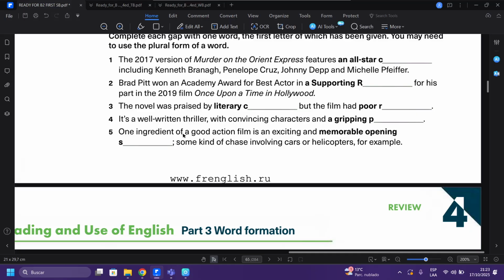Number two. Brad Pitt won an Academy Award for Best Actor in a Supporting, and we have R, for his part in the 2019 film Once Upon a Time in Hollywood.